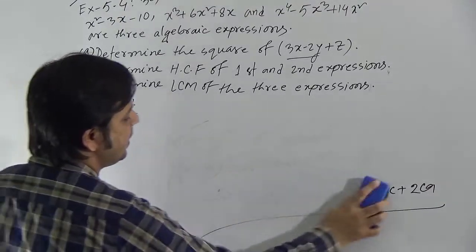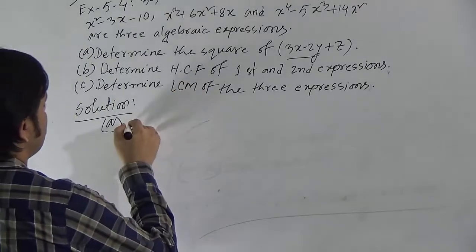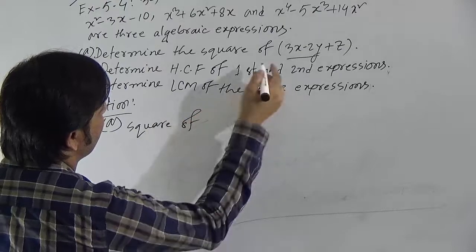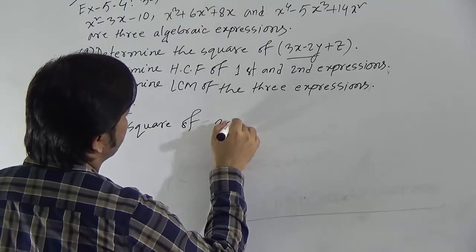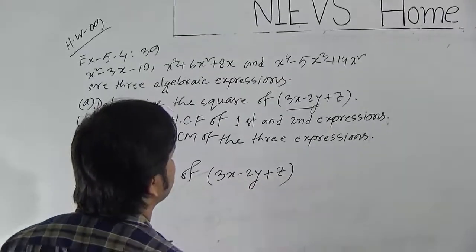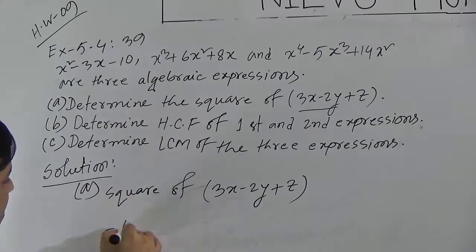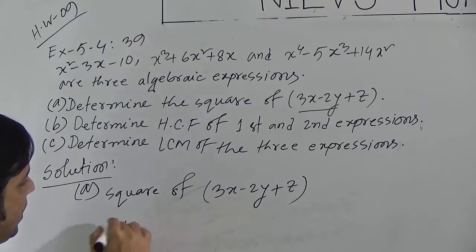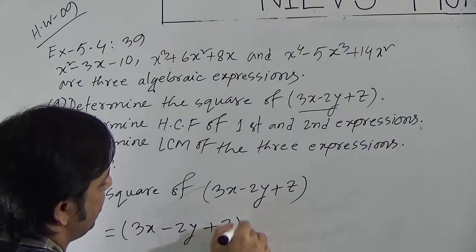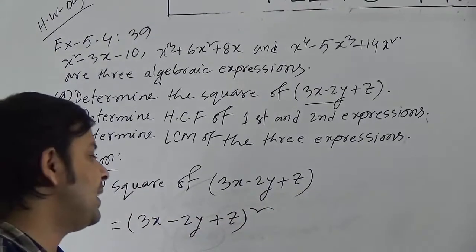Okay, let us start. Square of 3x minus 2y plus z. Dear students, it means that we have to do the square, 3x minus 2y plus z whole square. As I have written square of, so I have to give the whole square here.